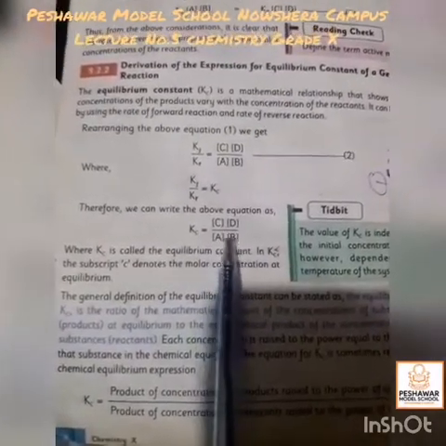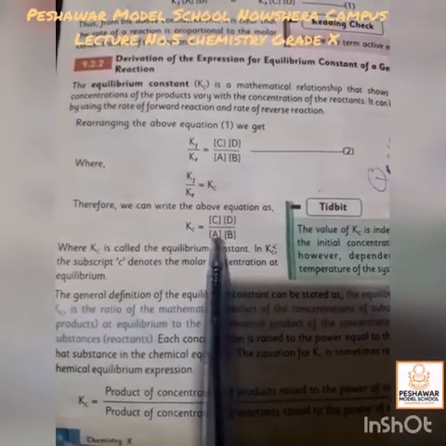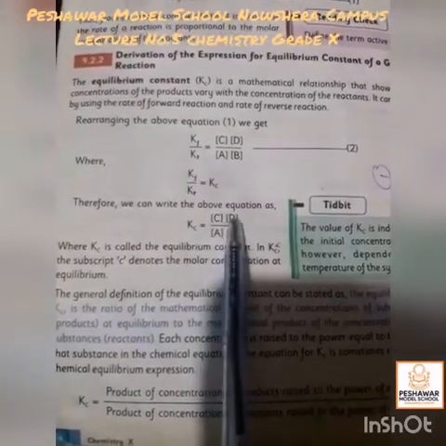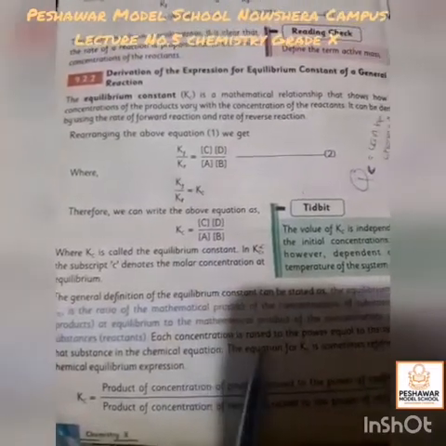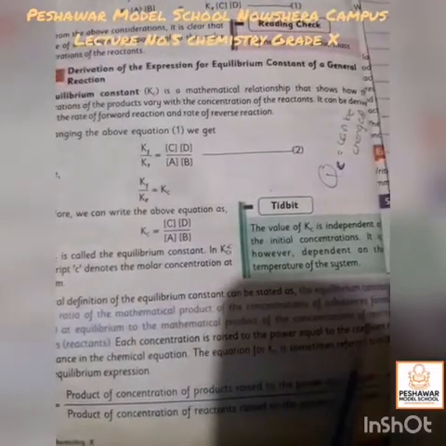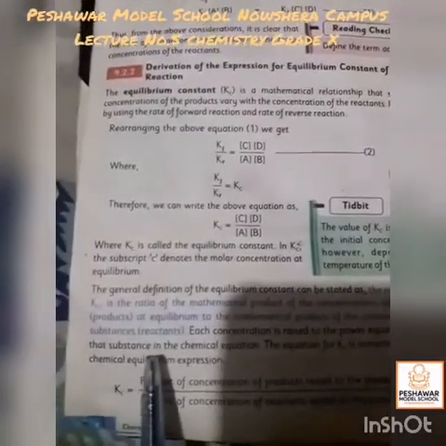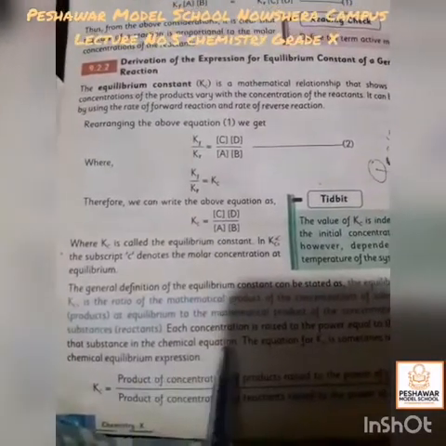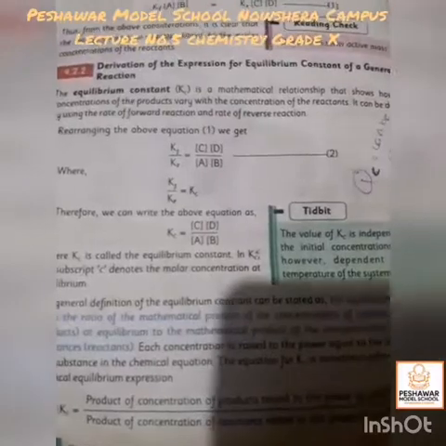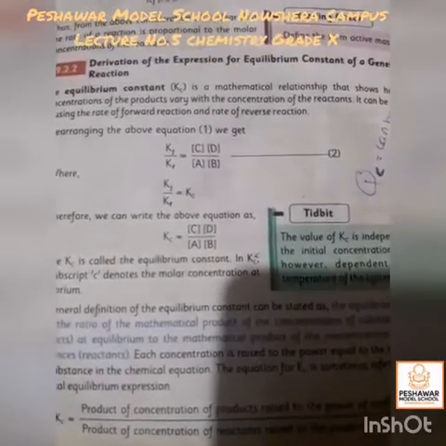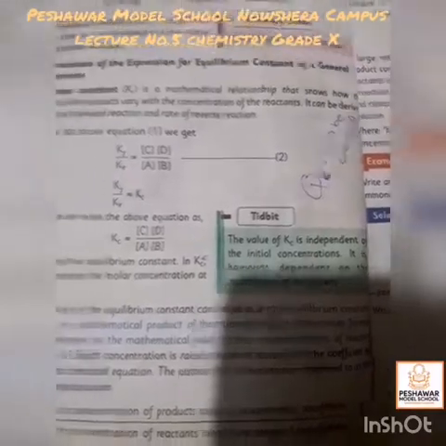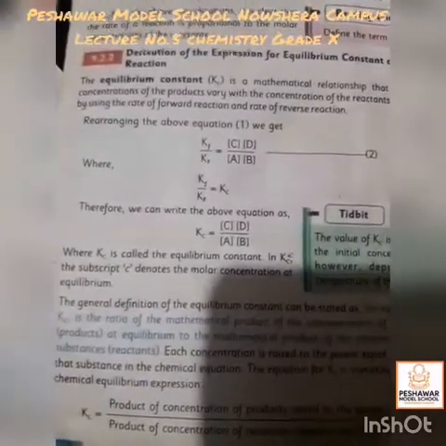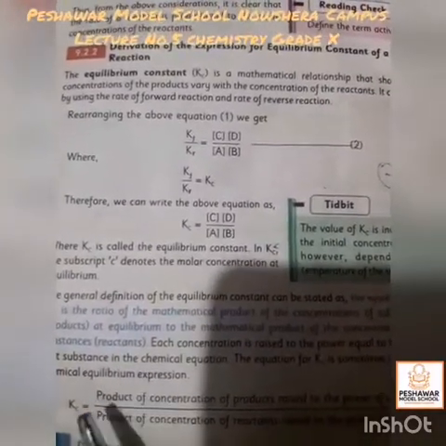These are the two reacting substances which react together and give us this product. Each concentration is raised to the power equal to the coefficient of that substance in the chemical equation. The equation for Kc is sometimes referred to as the chemical equilibrium expression.